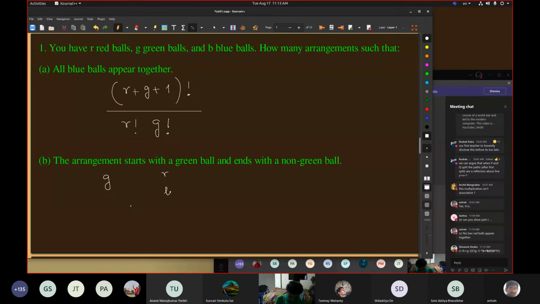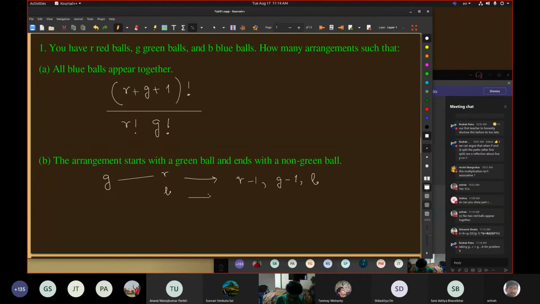So then, if this is the case, green, red, then what are the remaining things? How many red balls? R minus 1 red balls. How many green balls? G minus 1 green balls and B blue balls. And in this case, you have R red balls, G minus 1 green balls, and B minus 1 blue balls. This will happen except the end positions.